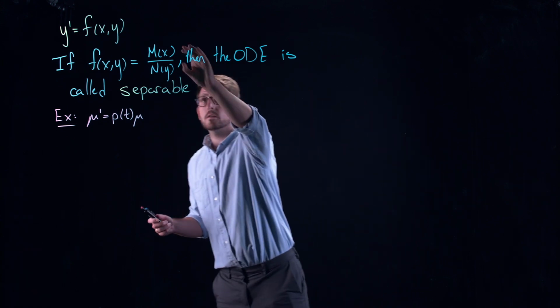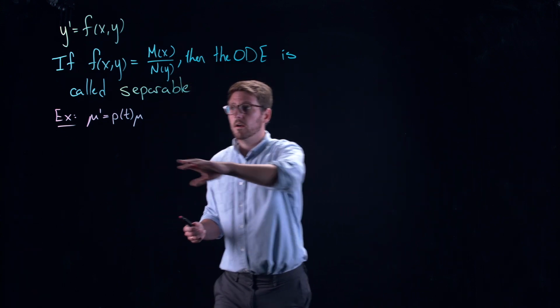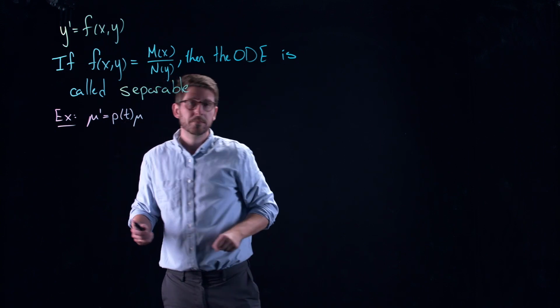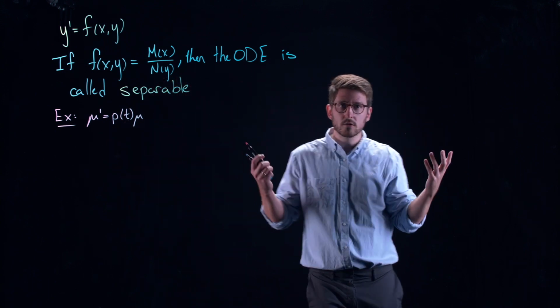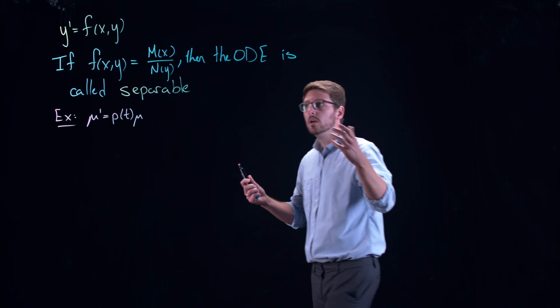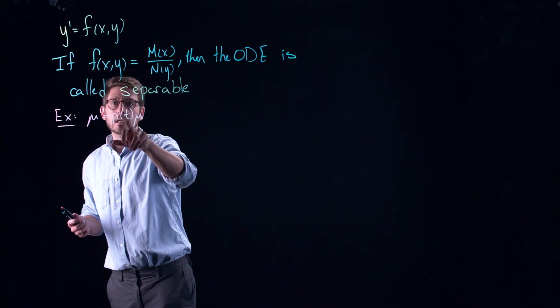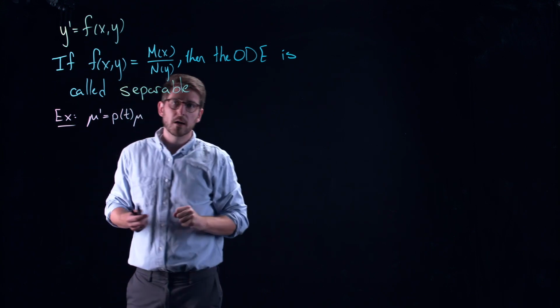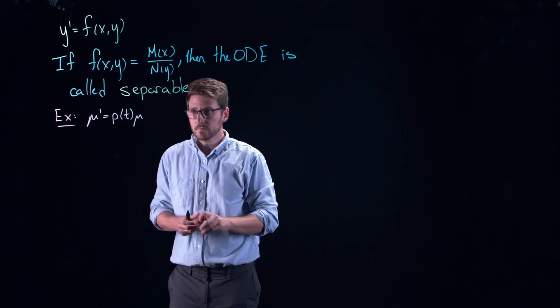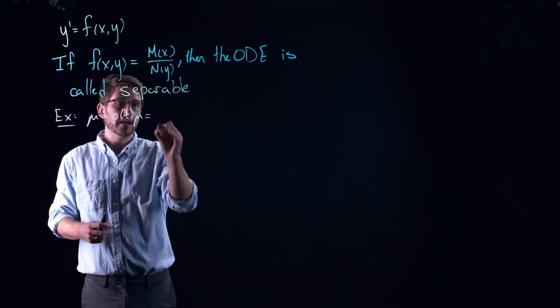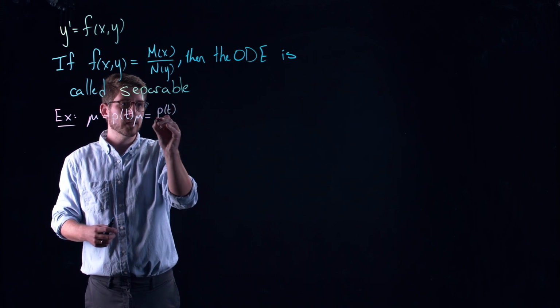Up here, I put things in terms of x and y. Down here, I put things in terms of t and mu. That's okay, right? If I just sort of relabel things, there's no issue. Y is my dependent variable, x is my independent variable, t is my independent variable, mu is my dependent variable. That means that I can write this thing like this.